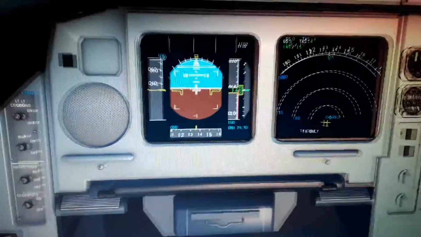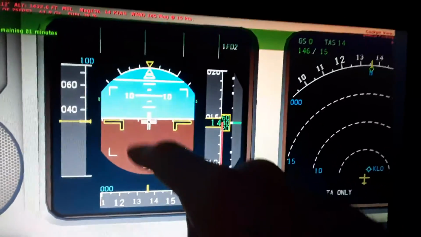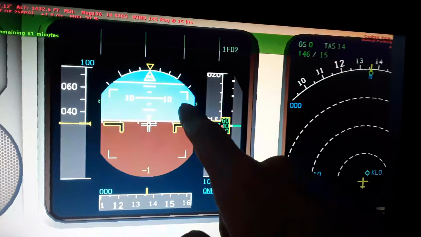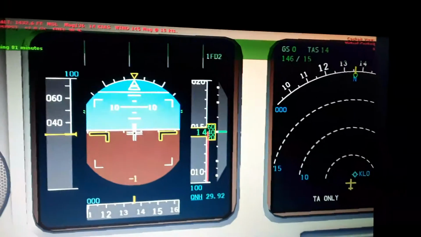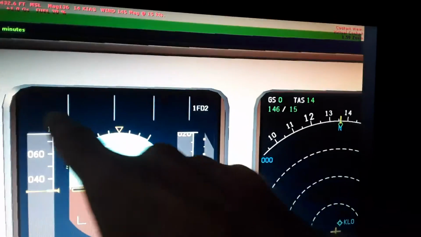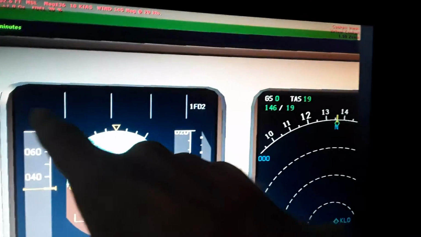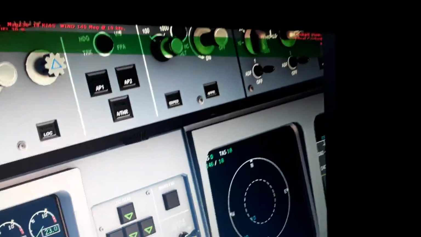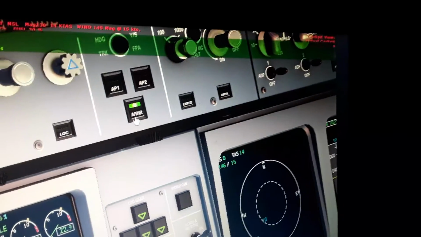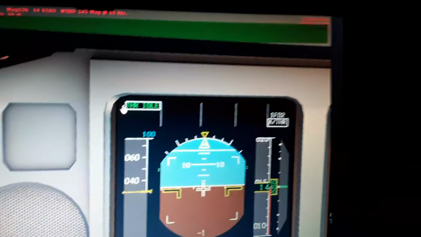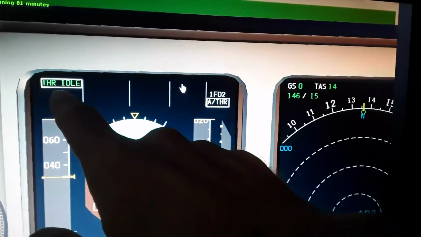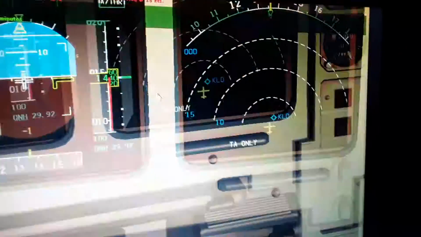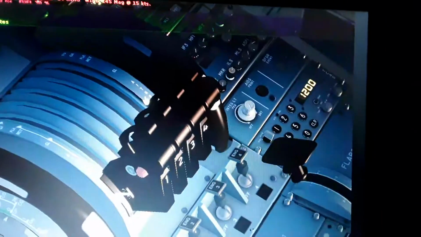Here's the primary flight display, you can see with the horizontal situation indicator, as they call it on the Boeings. Here's the flight mode annunciator. Here is the auto thrust. If I arm the auto thrust by pressing the switch on, you can see the thrust idle mode here is engaged, because I have the thrust levers in idle right now.